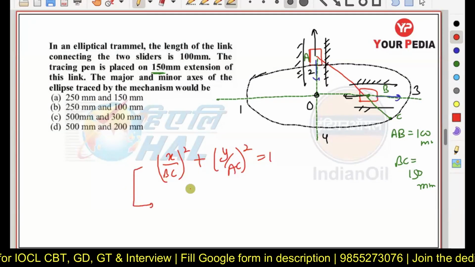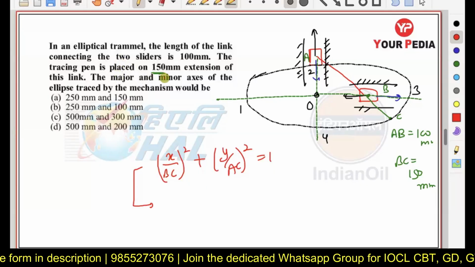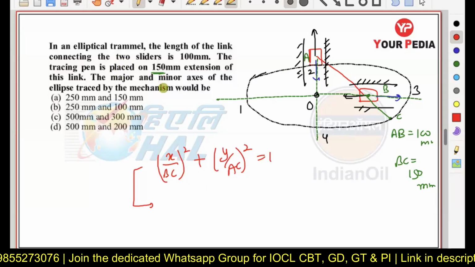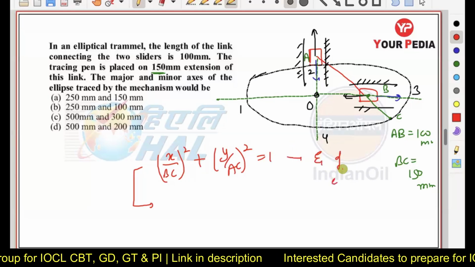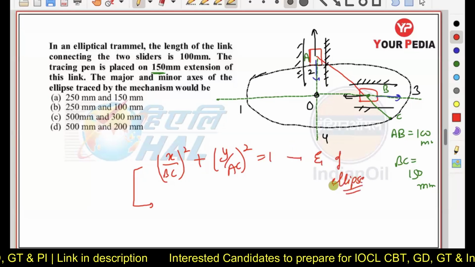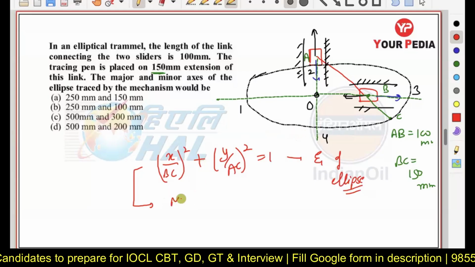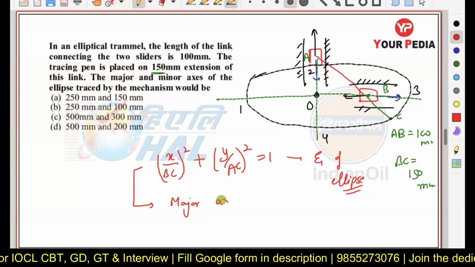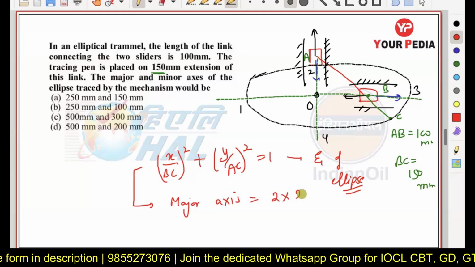This is basically an equation of ellipse here. So in this case, you are going to see the major and minor axis of the ellipse traced now. This is basically the equation of ellipse we obtain in this case here. If we go through the derivation here, you will obtain this particular equation. So in this case, the major axis, it is representing 2 into 250 here.